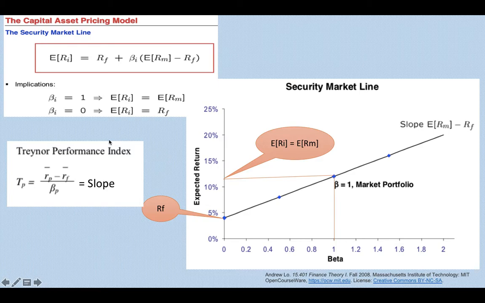Another interesting observation: there's the Treynor ratio. Basically, it's the portfolio return minus the risk-free rate, divided by beta.